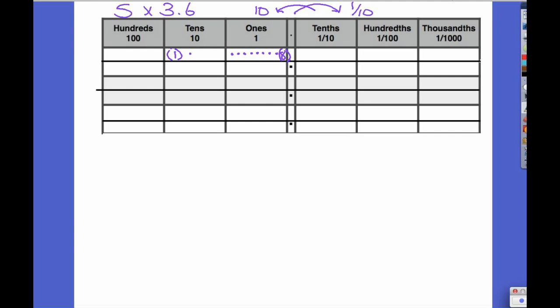Well, right now I have 1 in the tens, but I've got to make it into 5 pieces. I've got to be able to take these dots and fill every single one of these spaces. How do I do that with just 1? Can I tear that 1 apart?